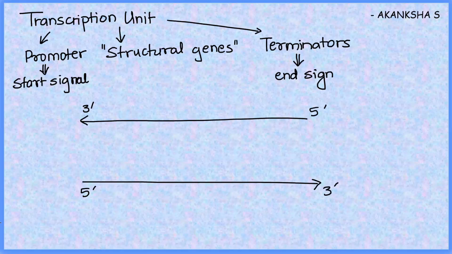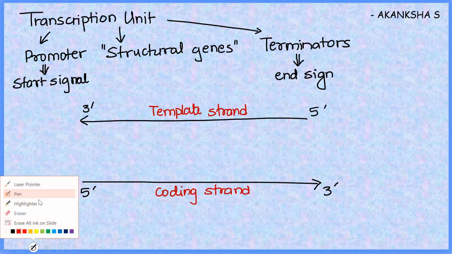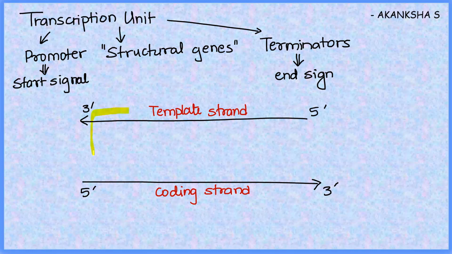Okay. Now, in the last slide itself, we have understood there would be one template strand and there would be one coding strand. How I personally feel one should remember promoter and terminator is with respect to coding strand. Now, how does your terminator and promoter fix itself?